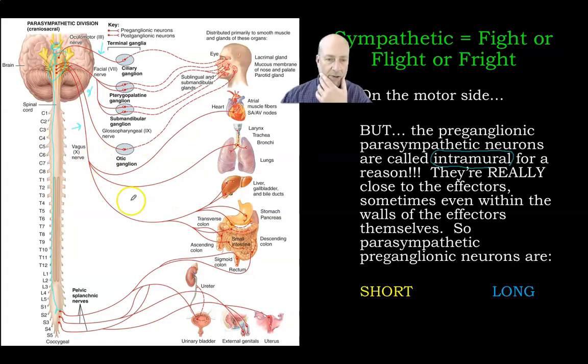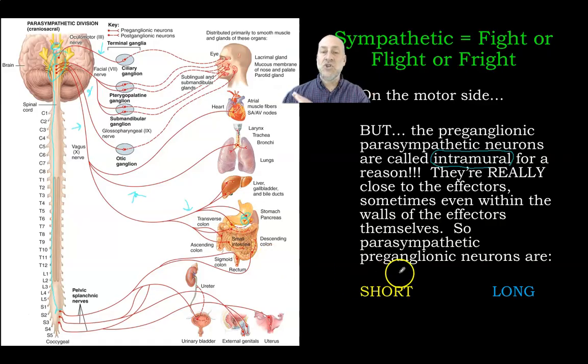And so the preganglionic neuron, following this one right here, is running all the way in, to the stomach, and it is synapsing. The ganglion is in the wall of the stomach. And then look at the size of the postganglionic neuron. It is tiny because it's already in the wall of the organ.